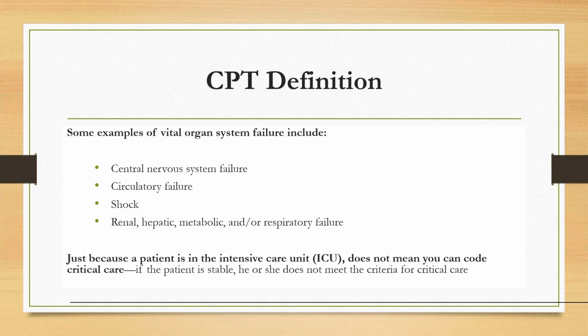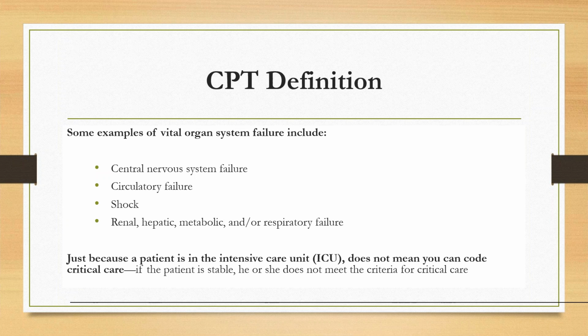But the key thing to remember is sometimes patients are in the ICU being monitored, but I don't want to say that they're stable, but this is kind of where the difficult part of looking at critical care notes comes into play when you look at CMS and CPT guidelines.